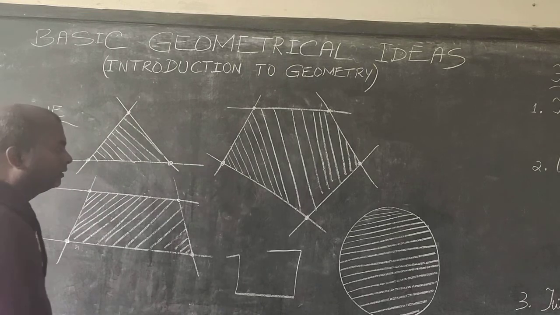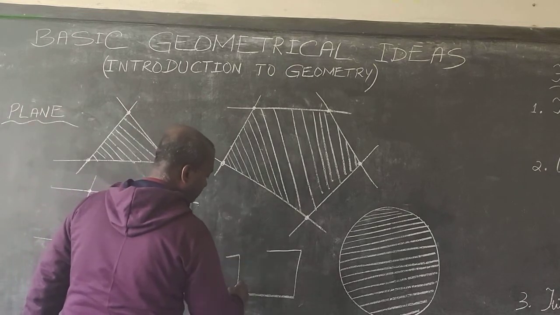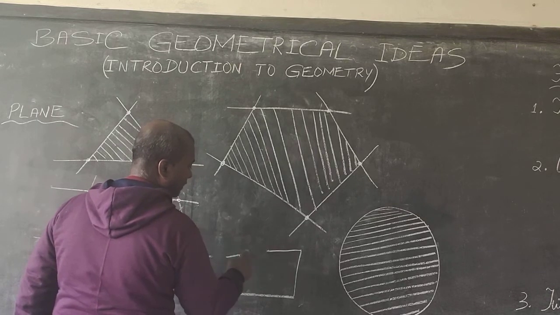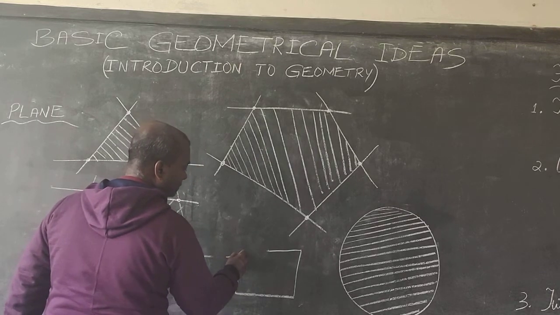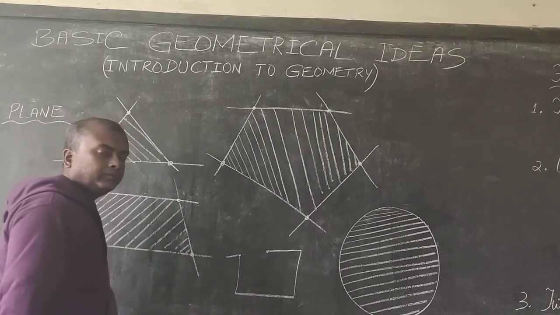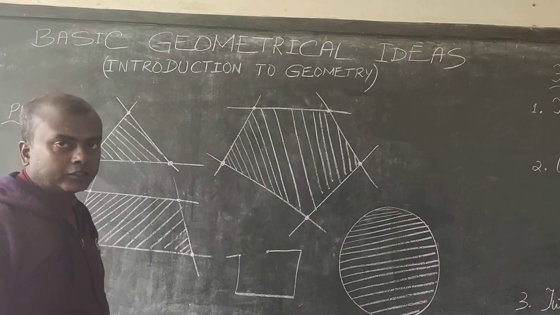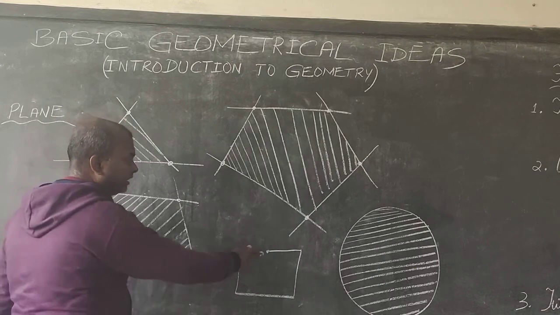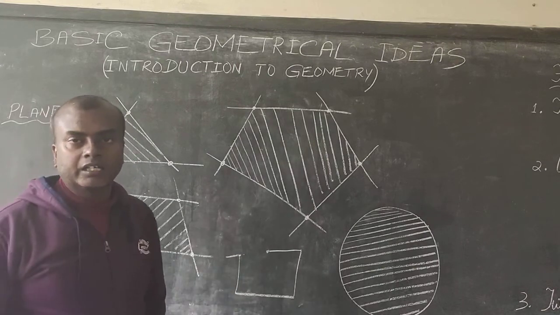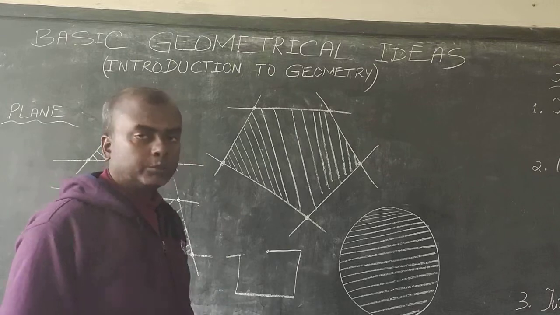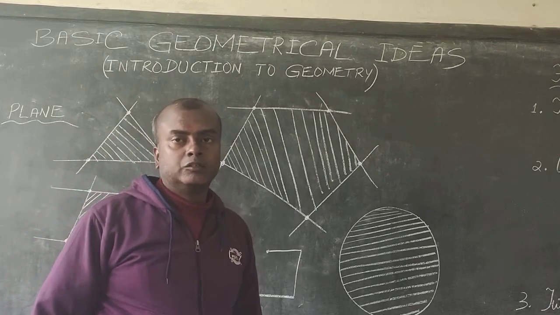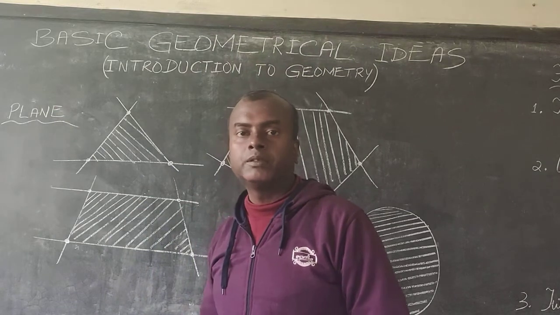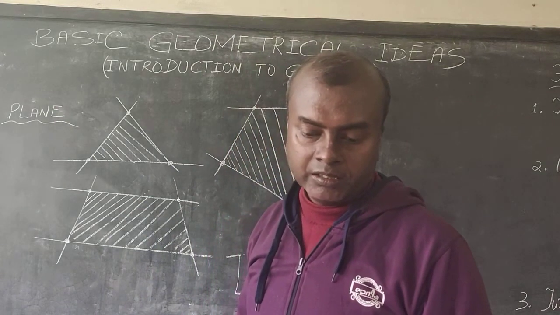There is no gap, but you will see over here, here is the gap, between this point and this point. They are not connected. If there is a gap, then the combination of lines will not be regarded as a plane. So, a plane will have all lines connected with each other. There will be no gap. Keep that in mind.